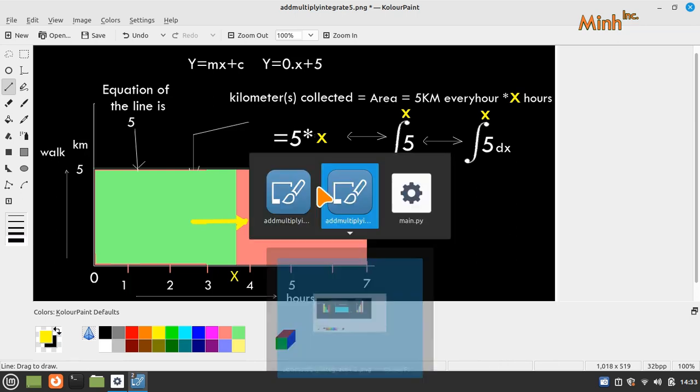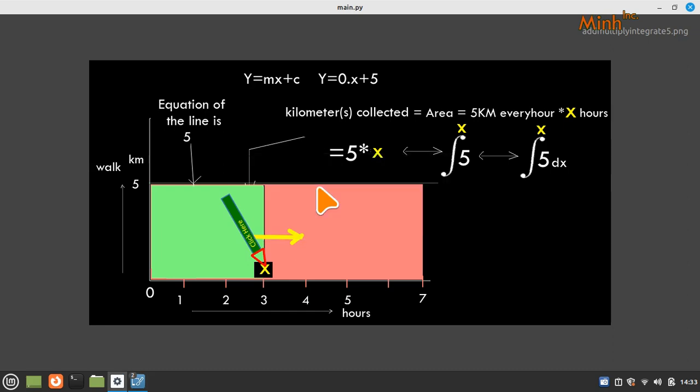So what is in discussion now is, at any X, what would be this addition or this area?